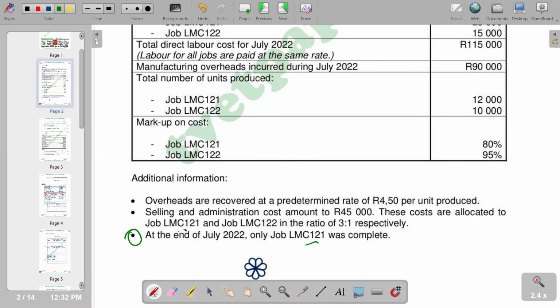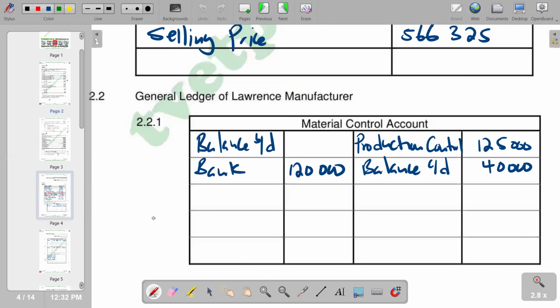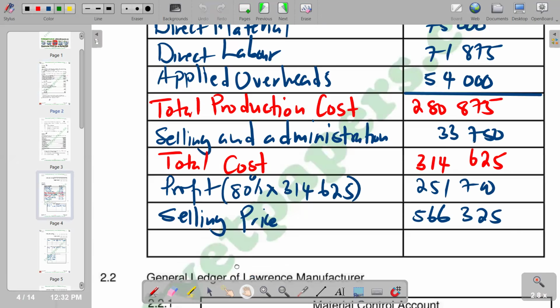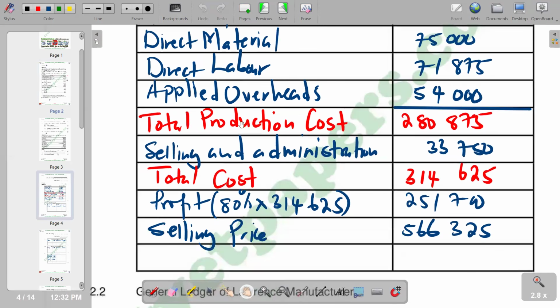So we only take the total production cost of LMC 121, and we're supposed to credit it in the production control account as finished goods. We have calculated the statement for job LMC 121, whereby we found the total production cost as 280,875. So this 280,875 is supposed to go to the credit as a representation of finished goods, since it's the only job that is complete.